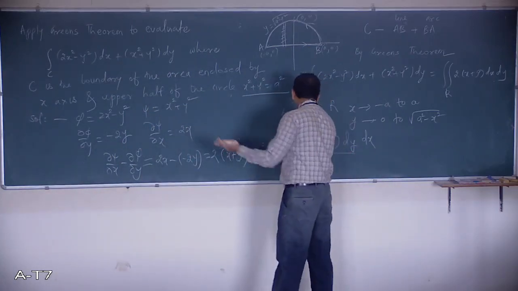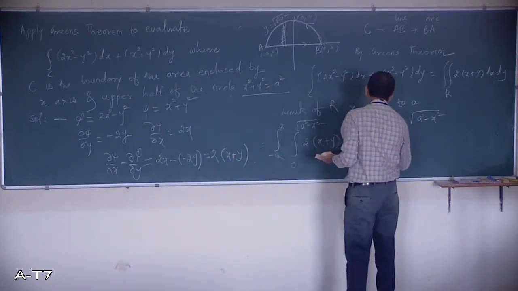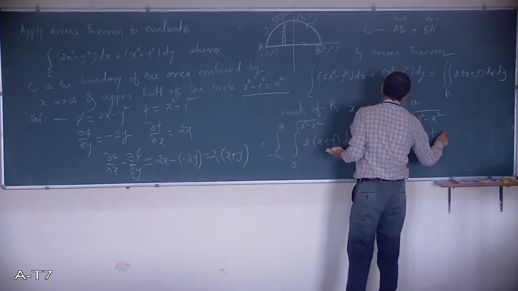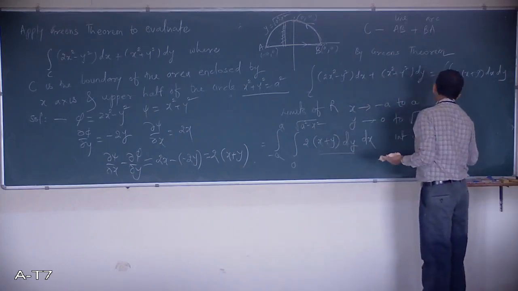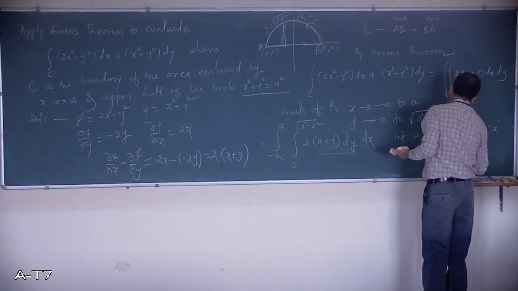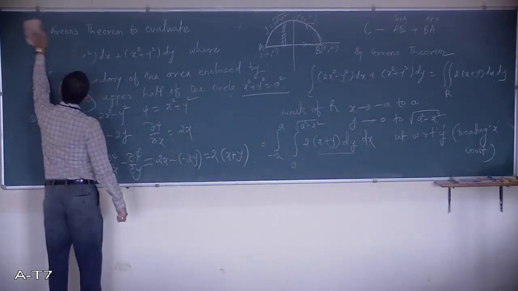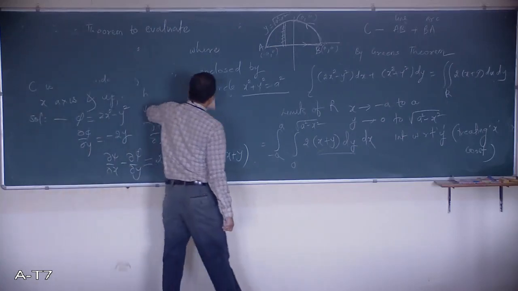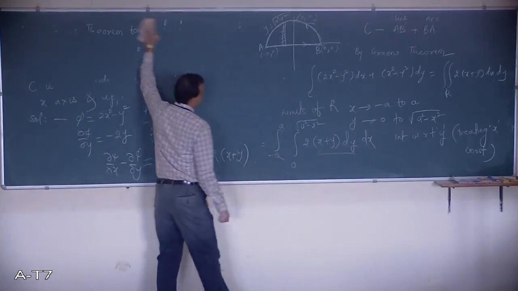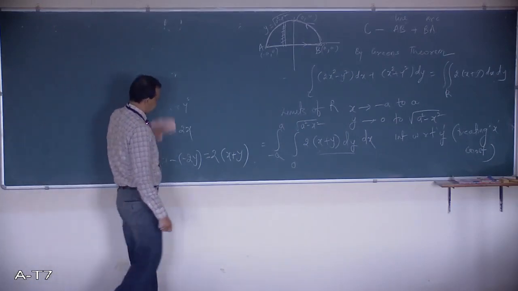So push these two outside, which has nothing to do with it, and integrate with respect to y. I will write integrating with respect to y. What do you have to write in the bracket? Treating x as constant. Treating x as constant, so what do you get? 2 will be out, integrating x plus y with respect to y first, as I said.